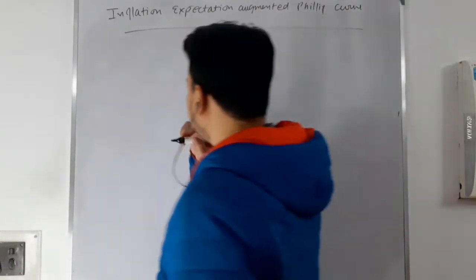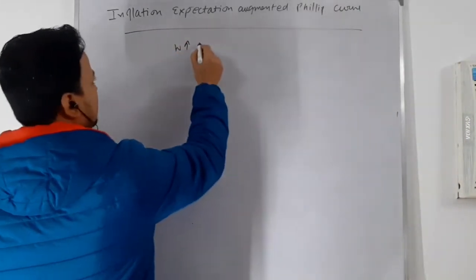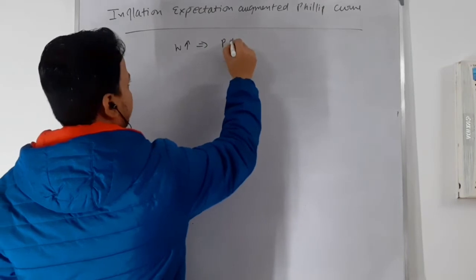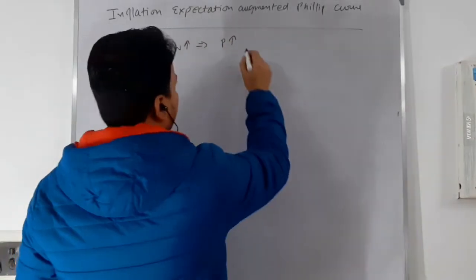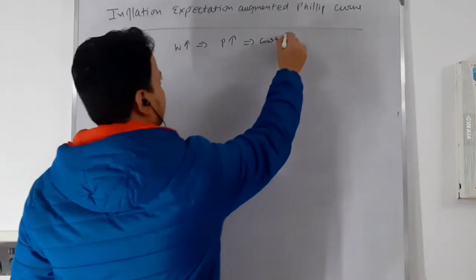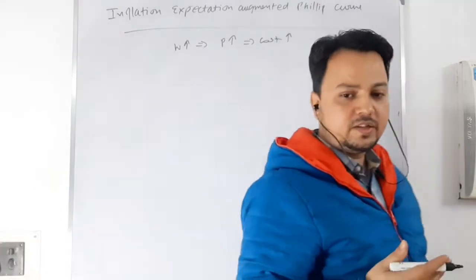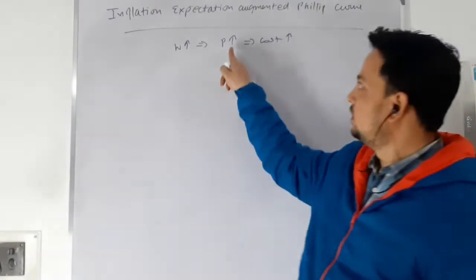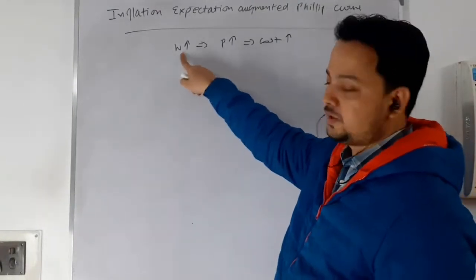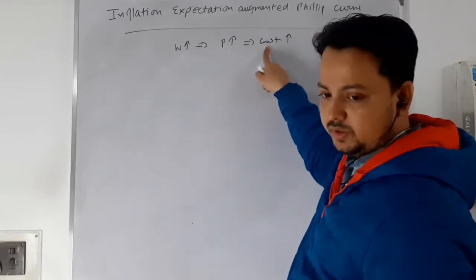Now, suppose wages are rising. So when wages rise, prices increase, because cost increases. If somebody asks what is the reason that firms are increasing the price, firms are increasing the price because wages are rising. Since wages are rising, cost is also increasing.